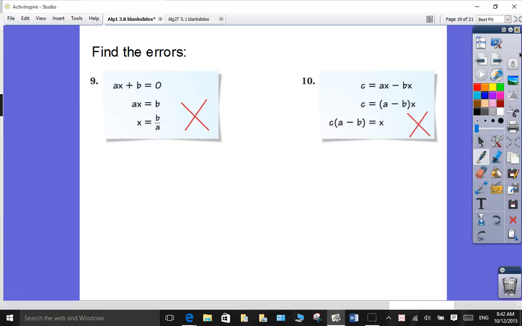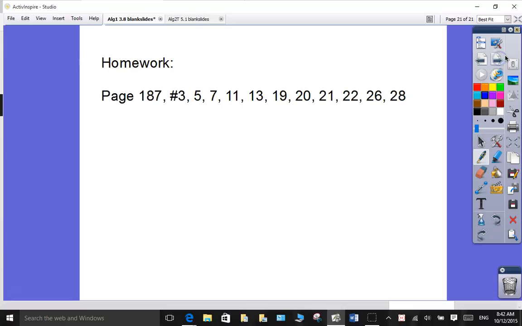Instead of what? It should have divided, right? There's a multiply going on in between those two. To undo it, you divide. It should have been c over a. Okay. There is homework.